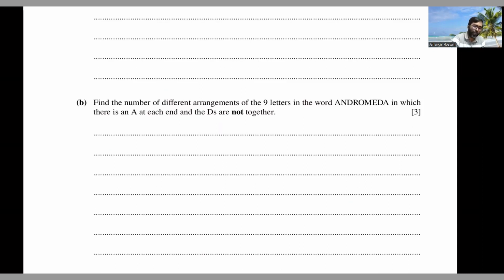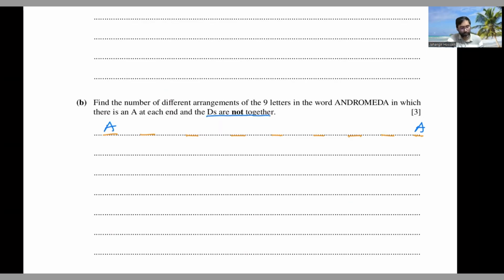So out of these 9 places, 1, 2, 3, 4, 5, 6, 7, 8, 9, the A's are at each end. So these 2 positions are fixed. Remaining 7 positions, 7 letters, but remember, the D's are not together.